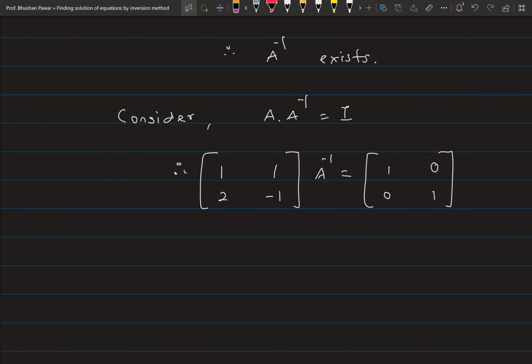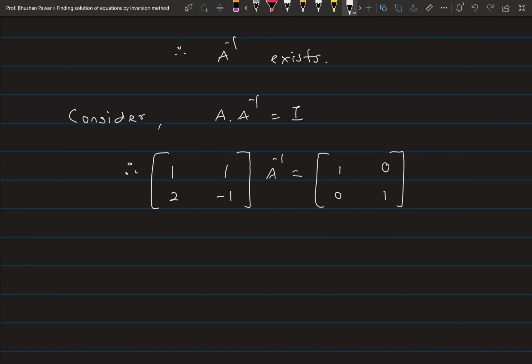Now what do we do? In this method we transform this matrix into I. For that purpose, first of all we have to get 1 over here. We have 1 as it is, right? After that we will try to get 0 at this place.